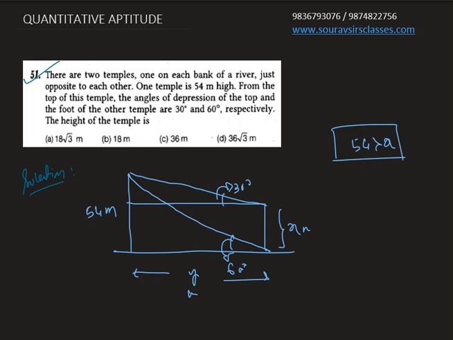Now rename these points A, D prime, B, C and D. Now we can say that this angle is equal to 60° and this angle is equal to 30°.